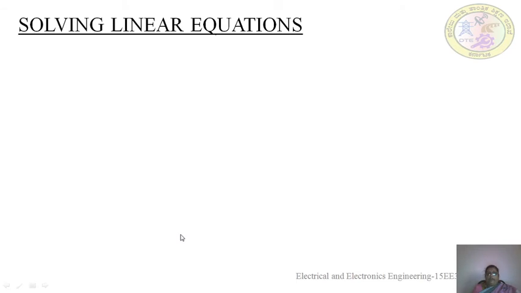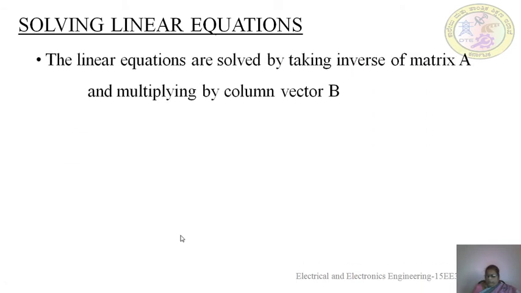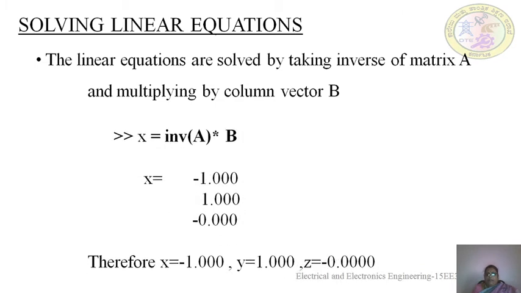In MATLAB, we write x is equal to inverse of A, calculating the inverse of the matrix A and then multiplying it with the B matrix. Then you get the result: the values for the unknown quantities as -1, 1 and -0.